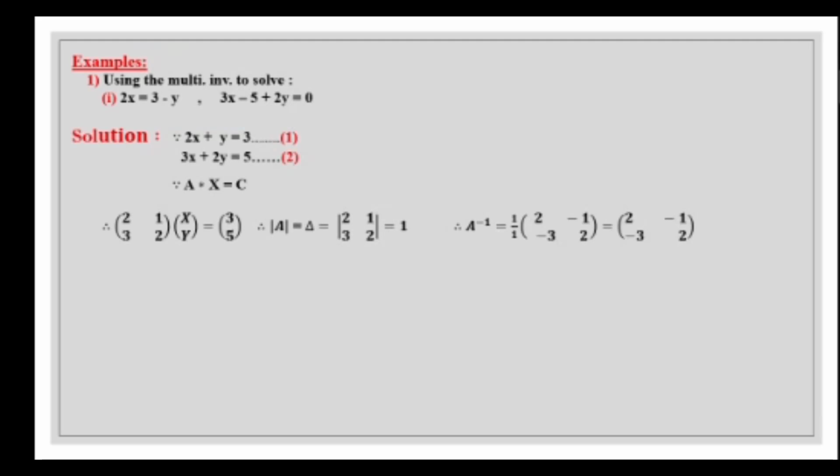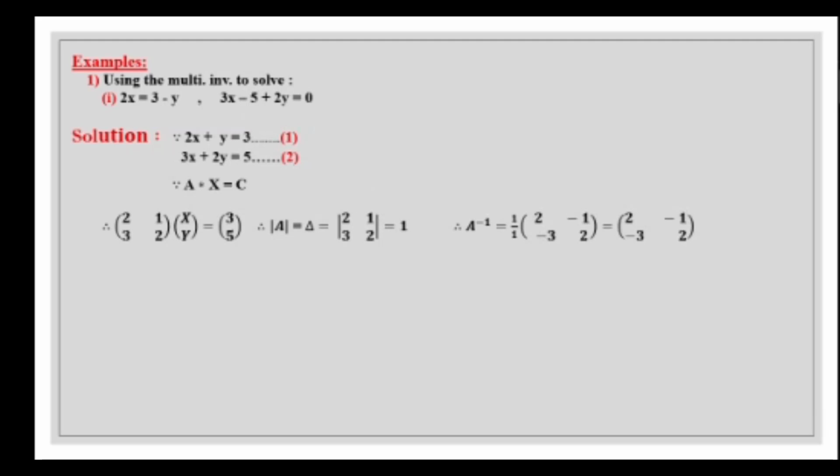Now we find the determinant of the matrix A, denoted by delta, which equals 2, 1 and 3, 2, which equals 2 times 2 minus 1 times 3, and it will be 1.